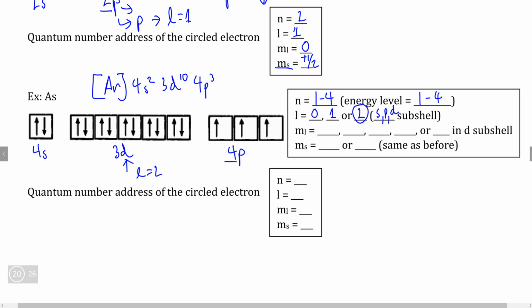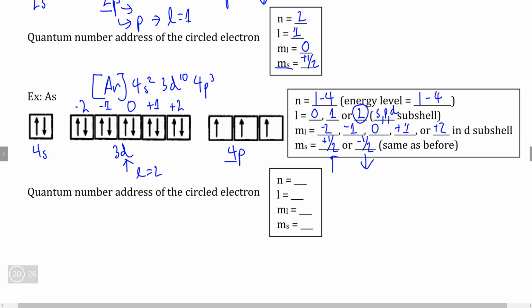So if we write all of our integers from -2 to +2, we get -2, -1, 0, +1, and +2, and those are our corresponding magnetic quantum numbers. Each one of these represents one of the orbitals that is possible in a d subshell. And again, spin direction, easiest one to understand: magnetic field points up or magnetic field points down.